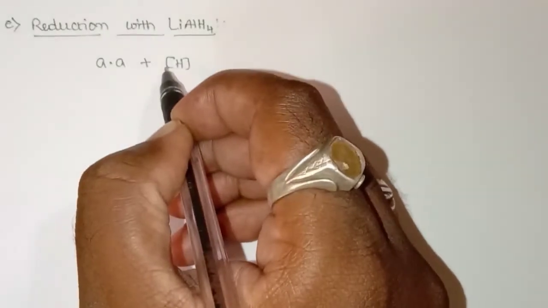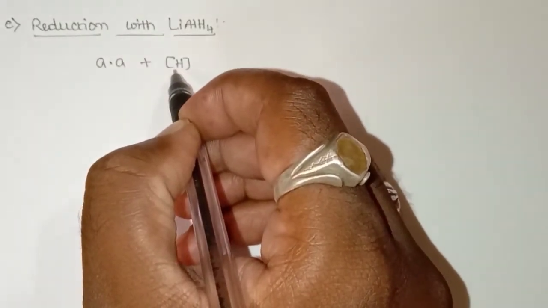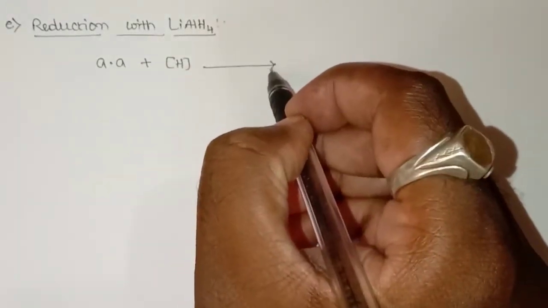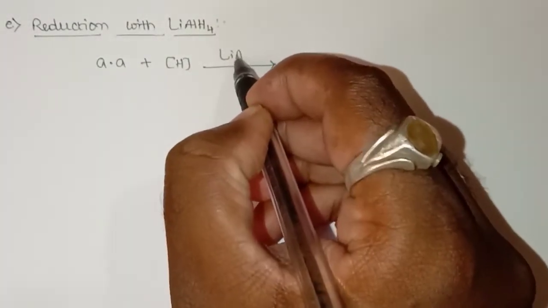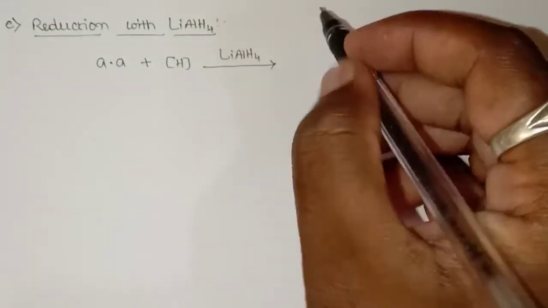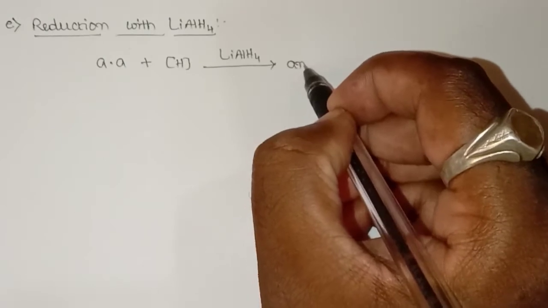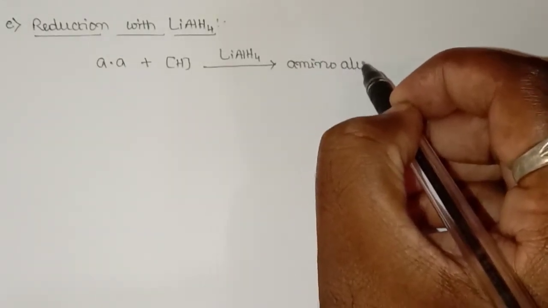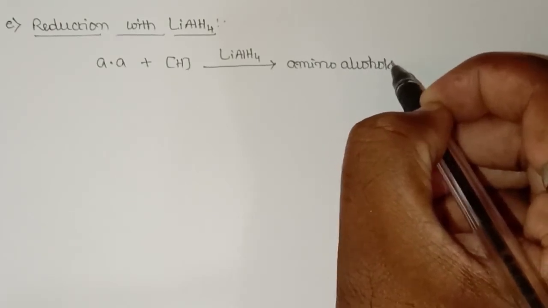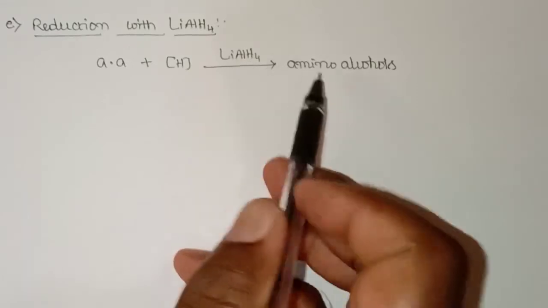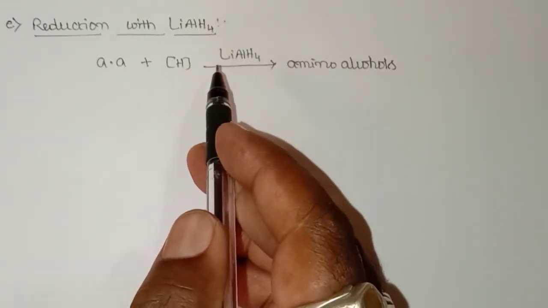So when these amino acids are subjected to the reduction process in presence of a strong reducing agent such as lithium aluminum hydride, the resulting products will be the corresponding amino alcohols of the corresponding amino acids. So when an amino acid is reduced, you are going to get amino alcohols.